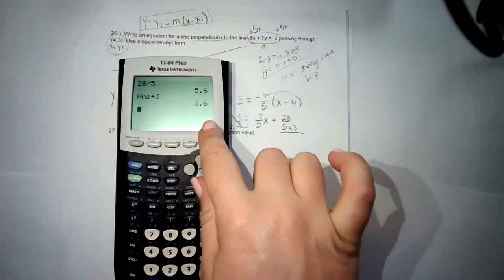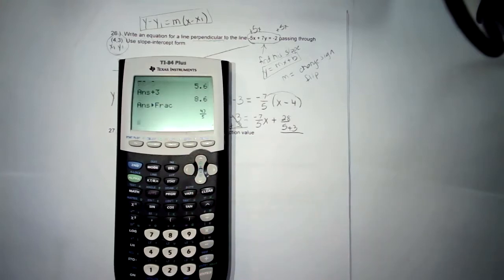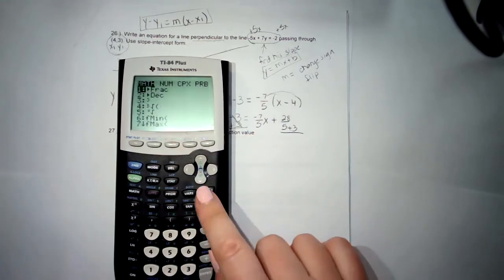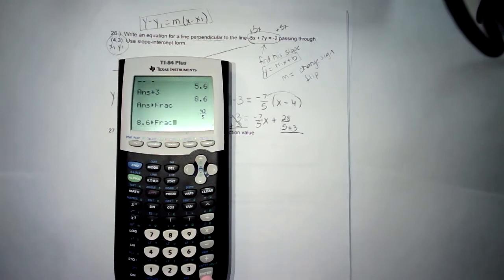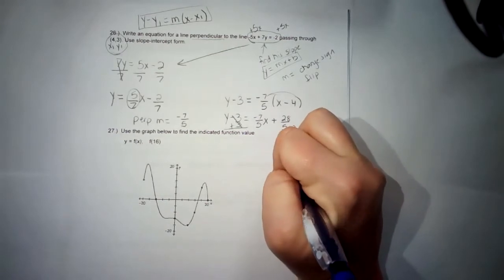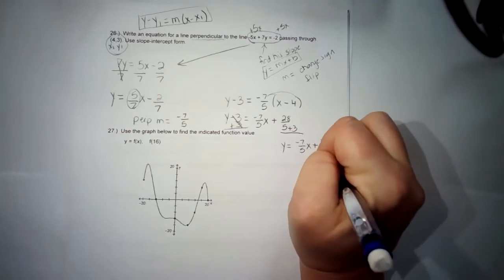And then I can turn this back into a fraction. And I get 43. On the big guy, I did math, frac, and enter. Okay. So I'm going to end up with y equals -7/5 x plus 43/5.